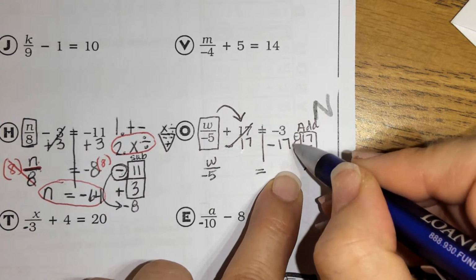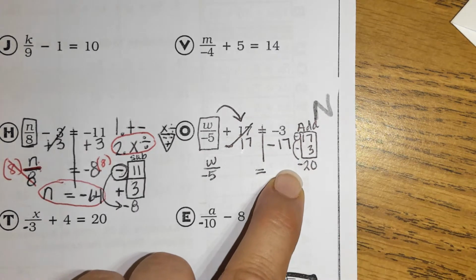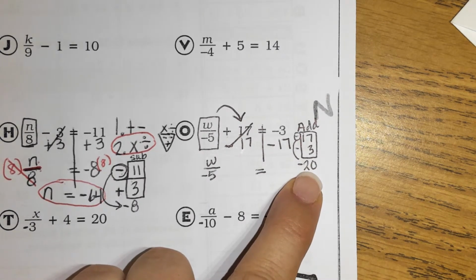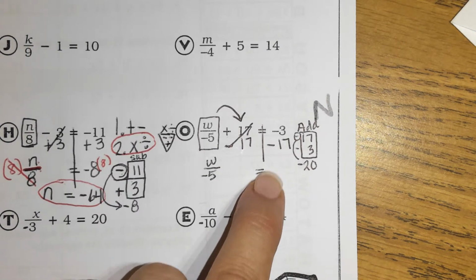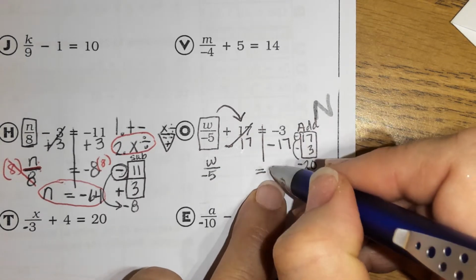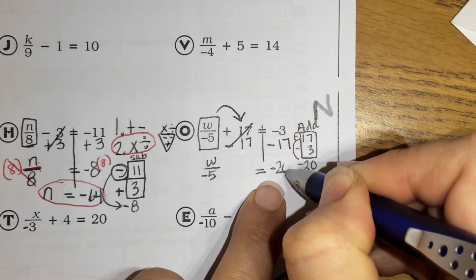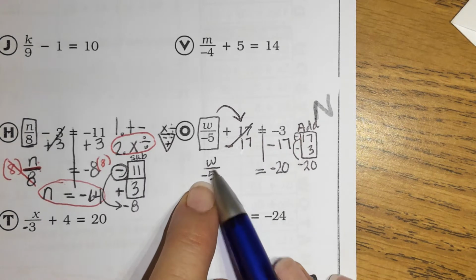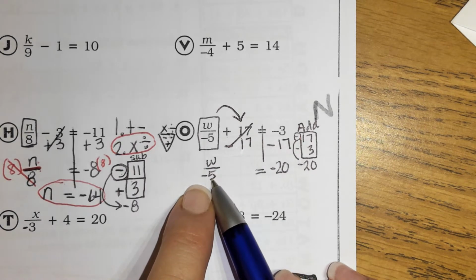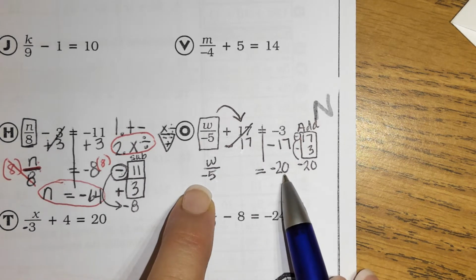Don't forget to keep. Same signs add and keep. So I just need to put that right here in my answer now. Negative 20 goes right there. So now this is all my problem is left. W divided by negative 5 equals negative 20.